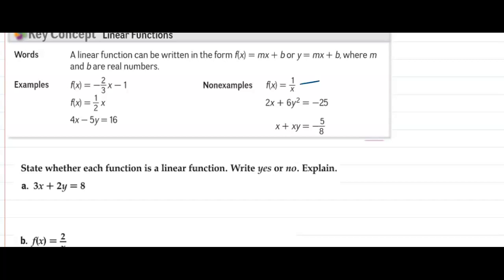These are not. You may not divide by a variable. That breaks the rule. You cannot have a variable in the denominator. Oh, cannot spell today. Variable. There we go. You cannot have a variable raised to a power of 2.